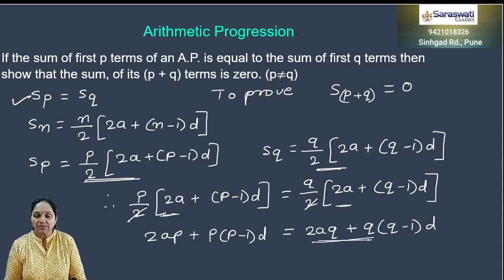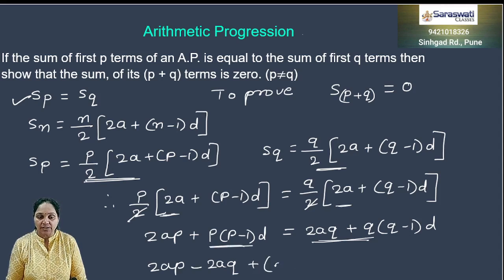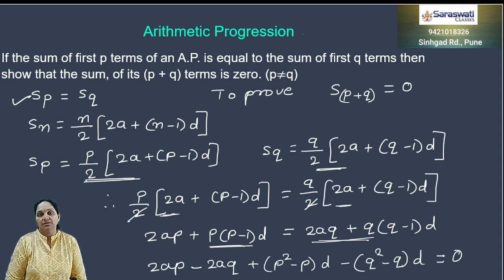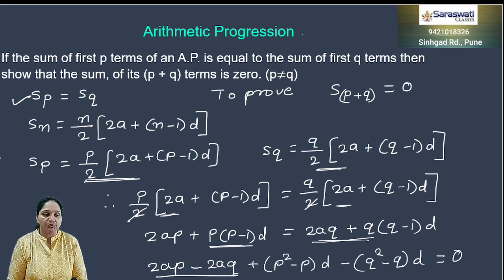Now shift these terms to the left side. So we get 2ap minus 2aq plus, I'm multiplying this, so we get p square minus p into d minus q square minus q into d is equal to 0. Okay. Now here we can take 2a common from these two.